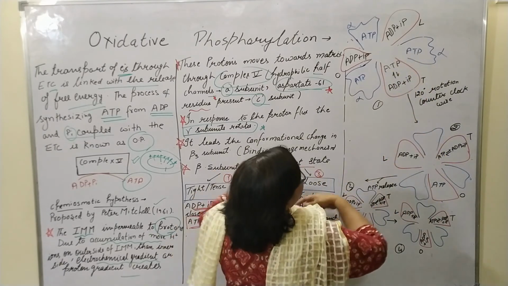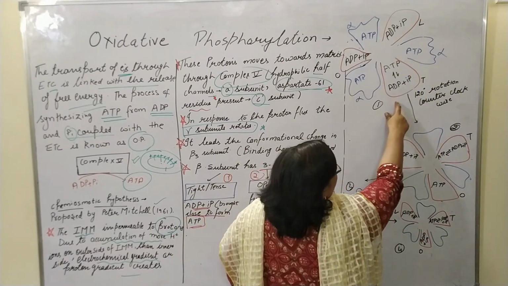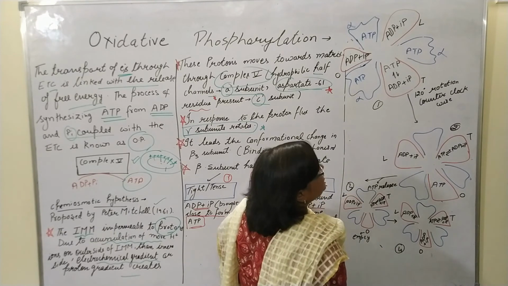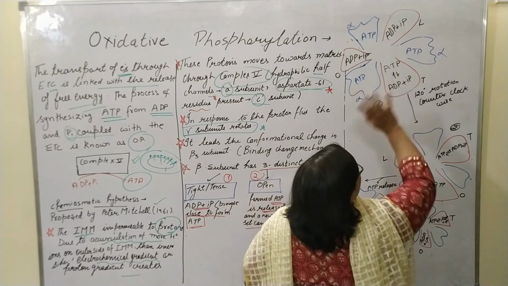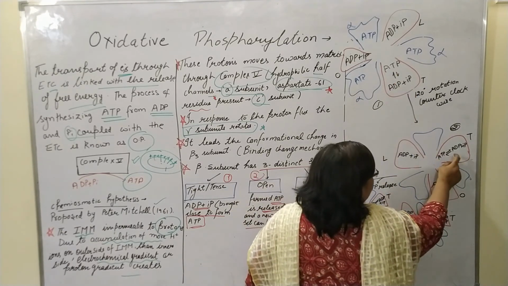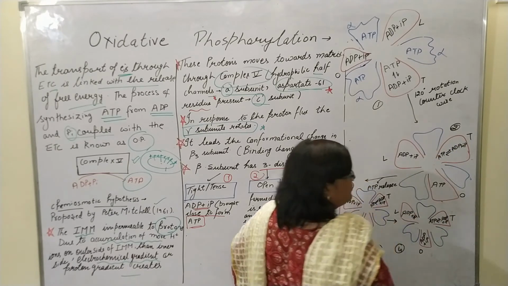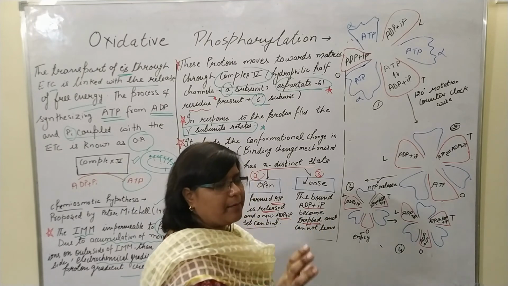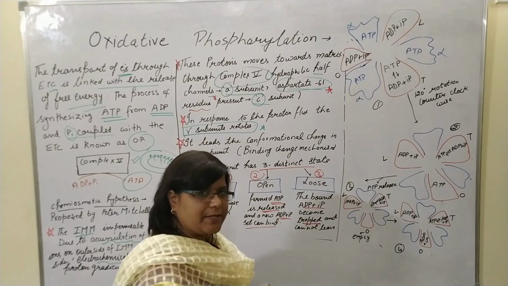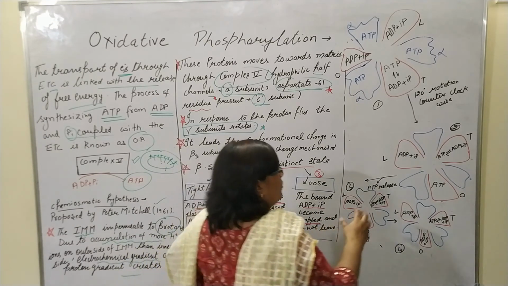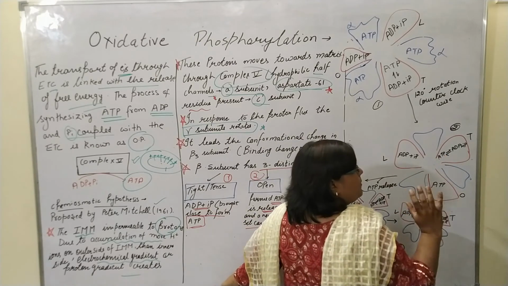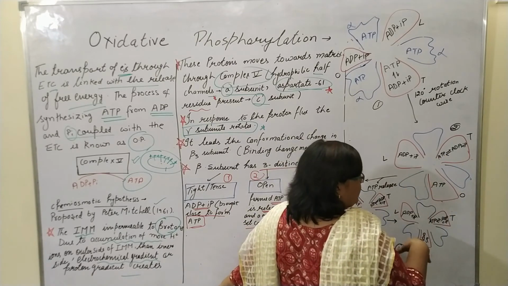In the tight state, the ADP and the inorganic phosphate come close and make the conditions to form the ATP.